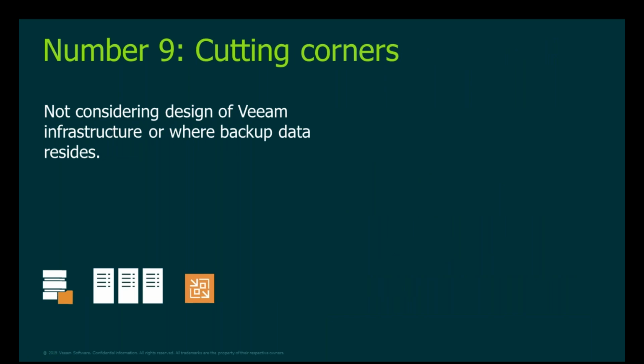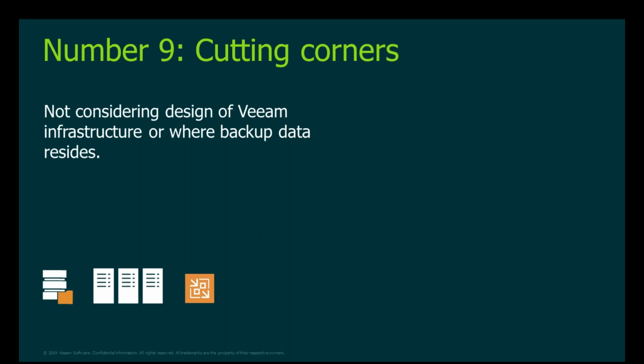My number 9 tip is around cutting corners. And this is something that is going to have a more specific recommendation from Travis here in a bit. But the thought here is that you don't want to cut corners around the infrastructure of your backup data.